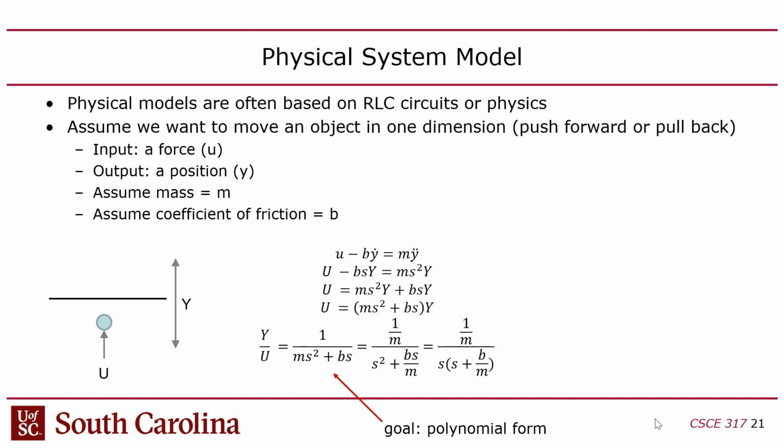So you have this: Y is the distance you want to move the coin, and U is the force that you apply, pushing that coin either forward or back, right? And you can conceptualize it mathematically by saying that you have U, which is the force you're pushing with, and then you have to subtract from that force. There's a counterforce when you push something across a surface.